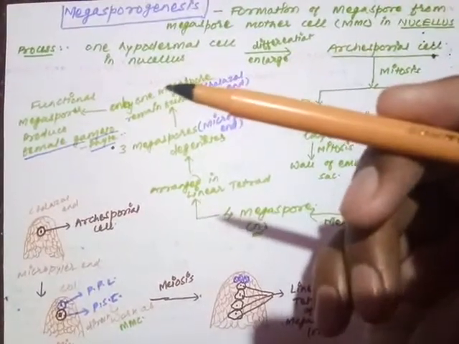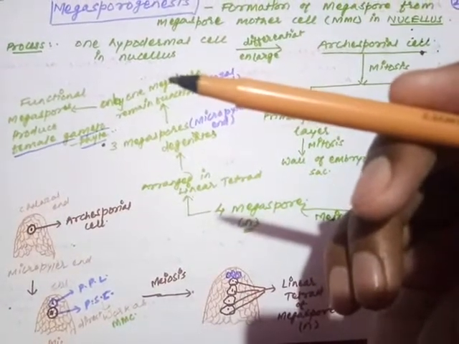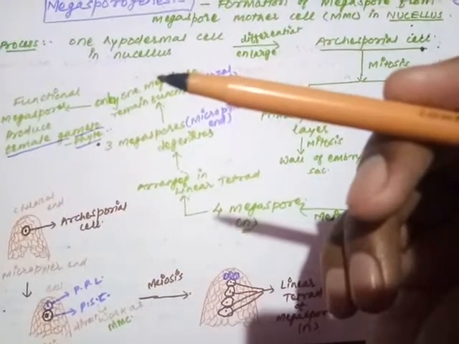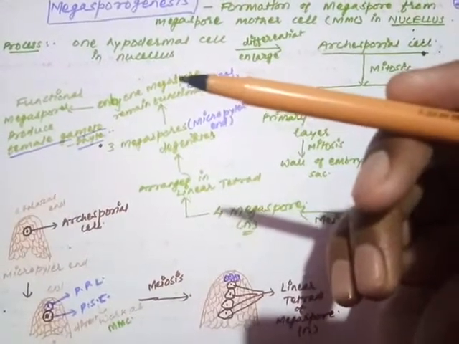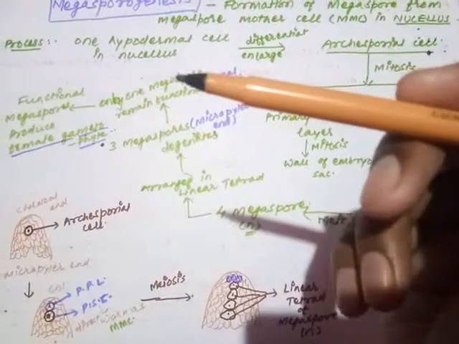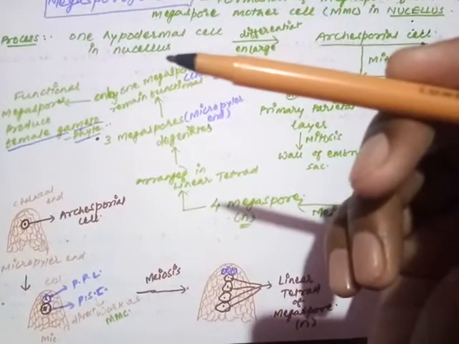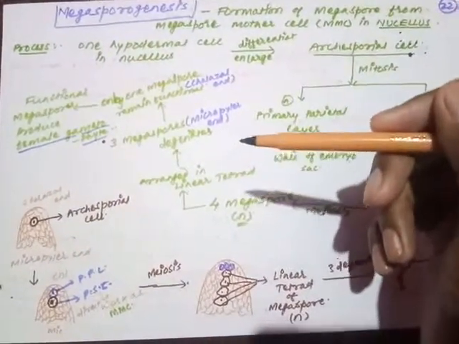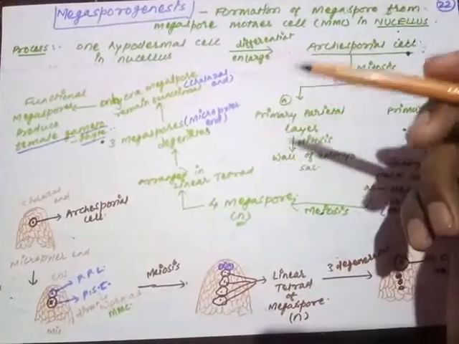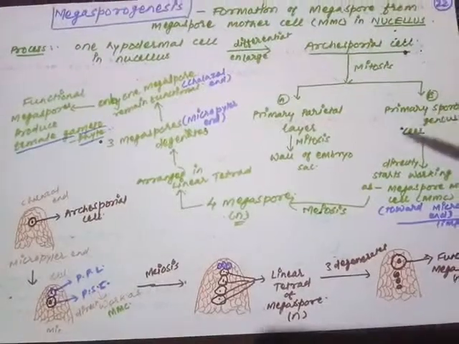If you remember, in the microsporogenesis, I'm going to make a revision of that also. Some of the meristematic cells in the region of hypoderm will start working as the archesporial cell. They undergo division, and due to that two different types of cells were formed: the parietal layer, and second, the sporogenous tissue.